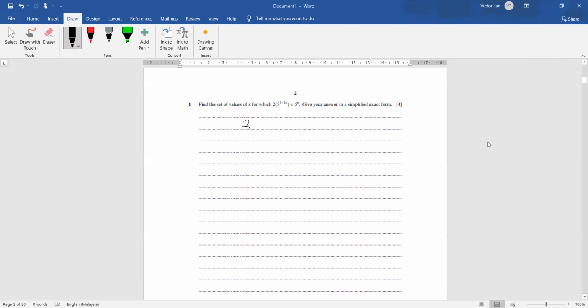Now before I take the logarithm, I'm going to put everything in terms of x first. 3 to the power 1 minus 2x is 3 to the power of 3 over 3 to the power of 2x. So this is 2 times that.